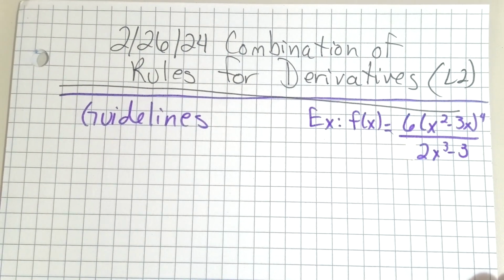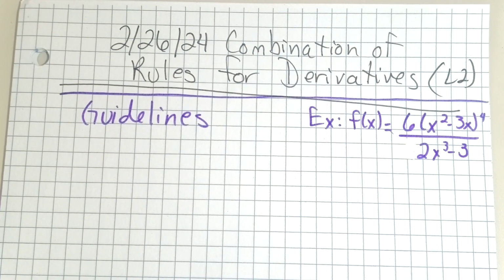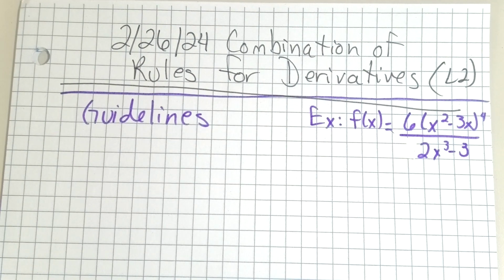So, as I said, these will have a combination of rules that we have done so far. So the rules, other than power rule, because power rule is just a given. The rules are product, quotient, chain, and special rules.